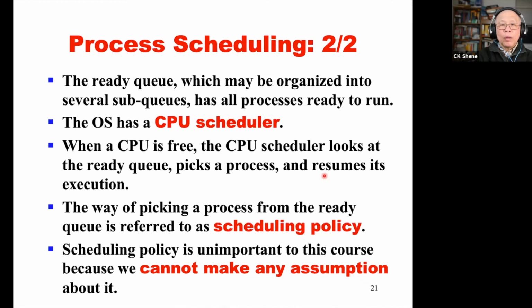So when this process eventually has a chance to get the CPU back and run, the operating system simply loads the address from the program counter and branches to it. And this is pretty much what the CPU scheduler will do.